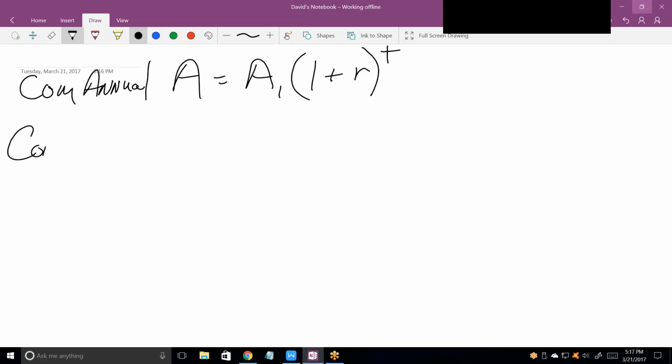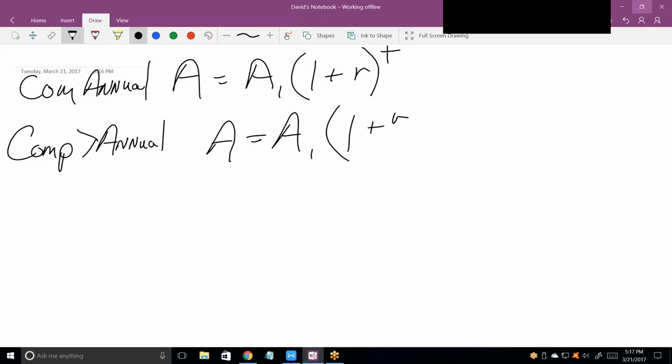If you're compounding greater than annual, meaning more frequently, then your amount is equal to your starting amount times 1 plus R over N, to the N T. Do you use N or K in your school? N usually. So that's what it is. In other words, if you were compounding monthly, N would be 12. N is the number of times per year you're compounding. If you're compounding daily, N is 365.